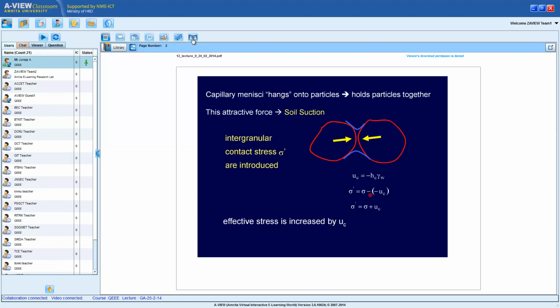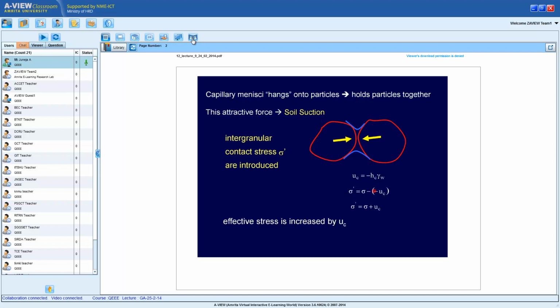Therefore, from our previous study, we knew that the soil capillarity at this level would be minus Hc times gamma W, depending on how much soil suction exists. So we have a negative sign times Hc gamma W. If this soil still remains saturated, but the saturation is because of the soil capillarity, then effective stress equals total stress minus the pore water pressure.